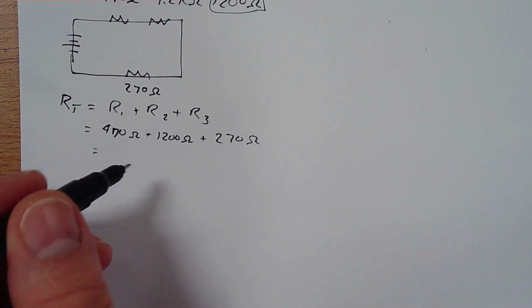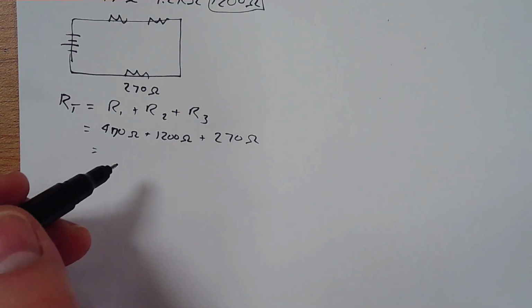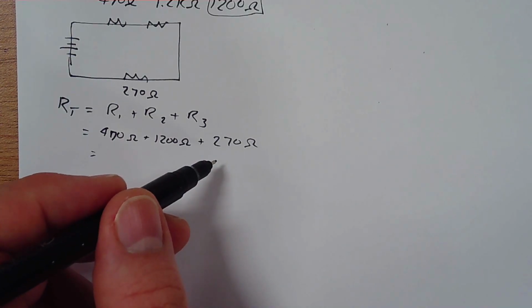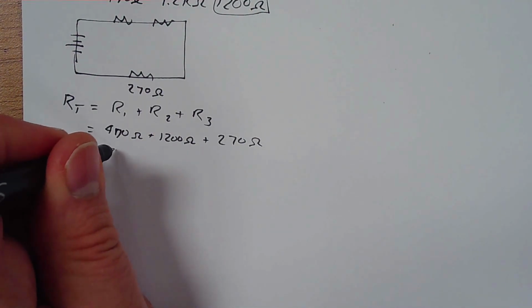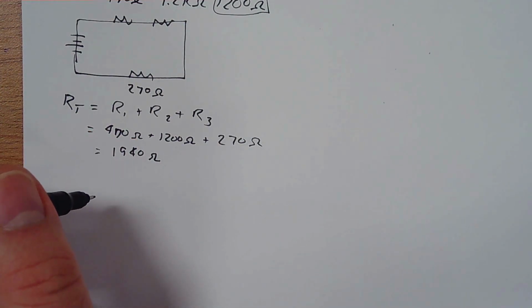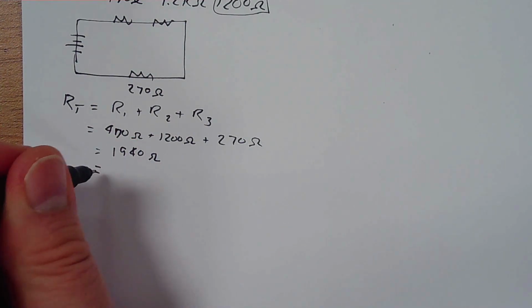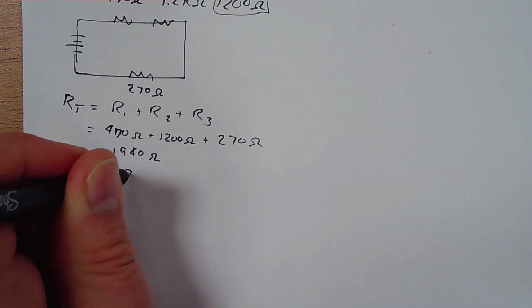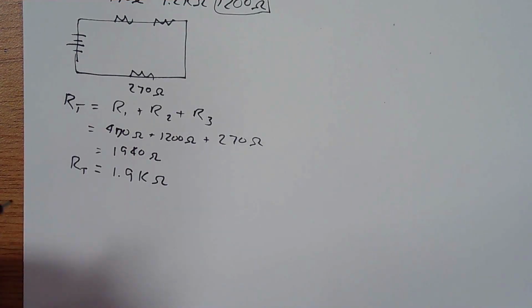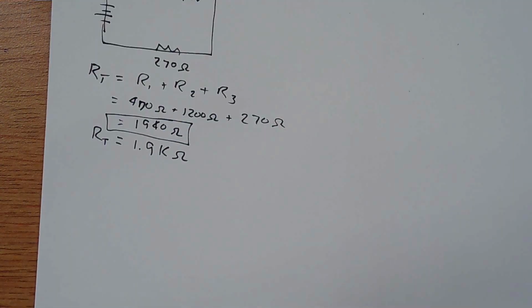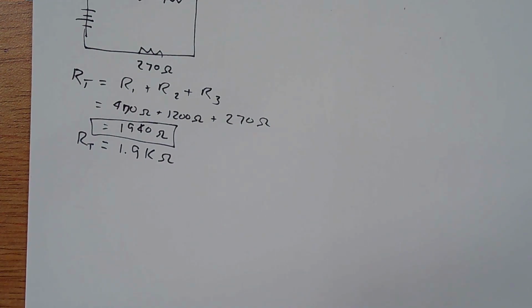That equals 1940 ohms. All right, which you could probably round to RT as 1.9 kilo ohms. But we're going to use this for all our calculations.